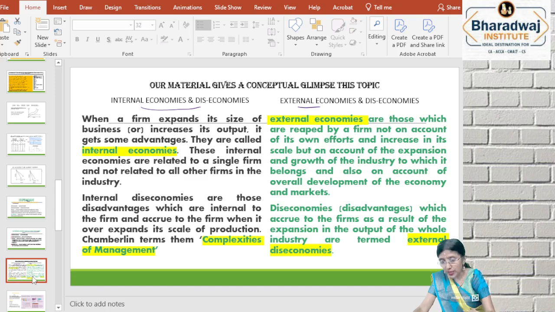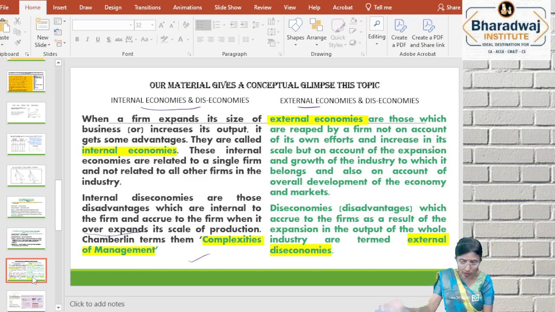Now, internal diseconomies likewise are those disadvantages which are internal to the firm. They accrue to the firm when it overexpands its scale of production. Overexpands. Look at the term. When it overexpands the scale of production. And here, one conceptual note you have to remember is Professor Chamberlain, who gave the group equilibrium model. So he calls them what? Complexities of management. What is complexities of management? Internal diseconomies. Make a note of it.